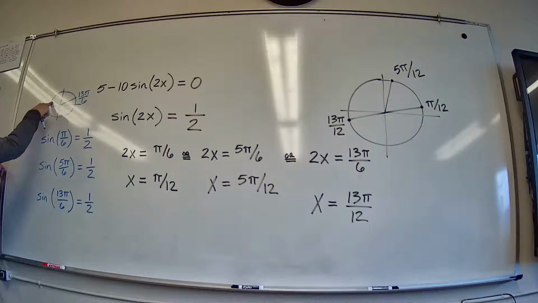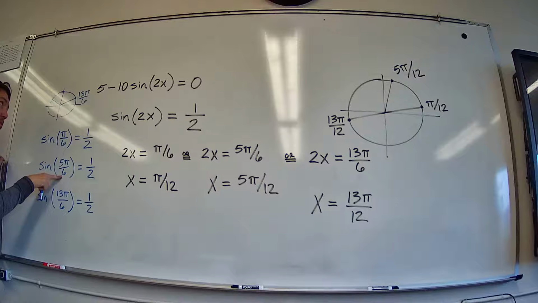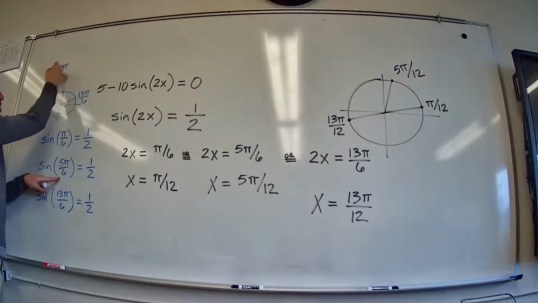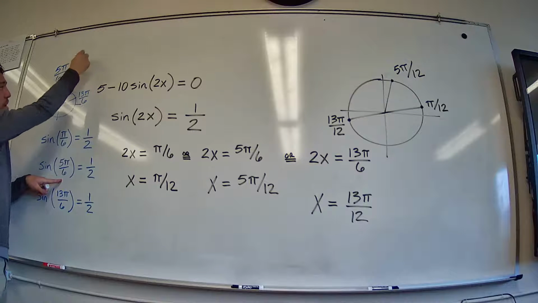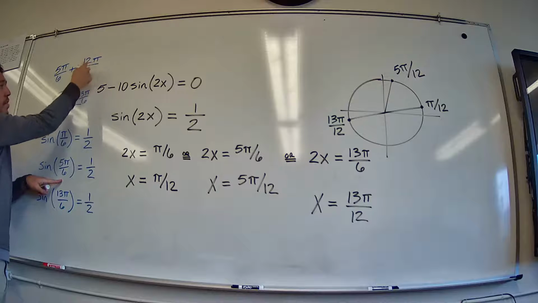And how about this guy? If you add 2 pi onto 5 pi over 6, you get... if you're having trouble with that calculation, it just goes like this. You have 5 pi over 6. I want to add 2 pi onto it. 2 pi is 12 sixths.